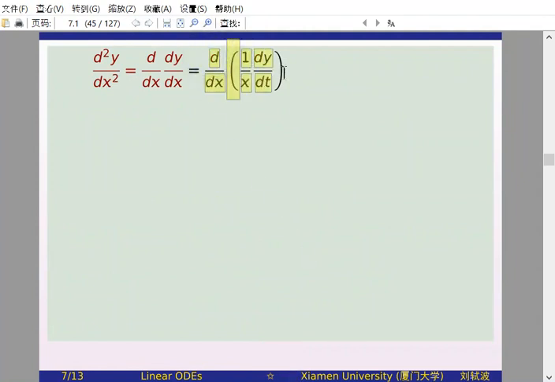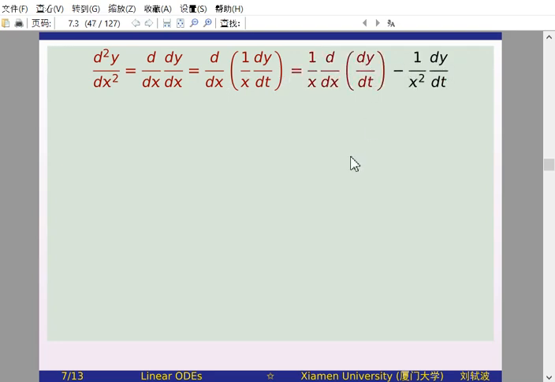To compute this, it is a product, 1 over x multiplied by dy/dt. So we apply the multiplication law: 1 over x multiplied by the derivative with respect to x of dy/dt, plus the derivative of 1 over x with respect to x, that is minus 1 over x squared, then dy/dt. So this is the multiplication law for derivatives.